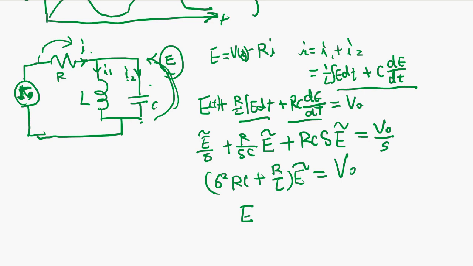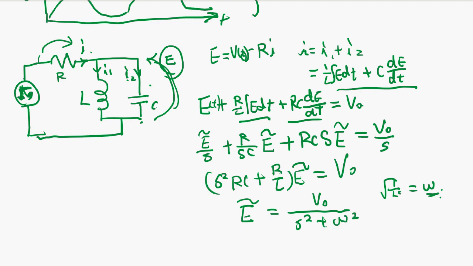So the Laplace transform of the voltage is S squared, and here we define 1 over square root of LC as omega. This is a frequency constant, so this is going to be omega squared.